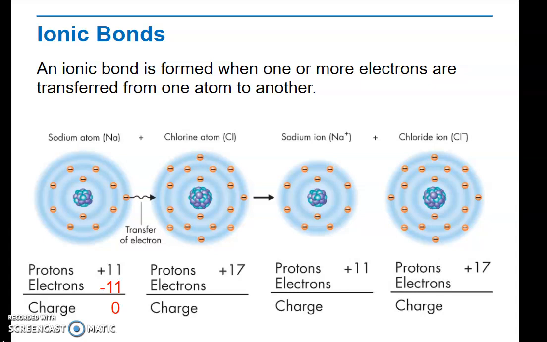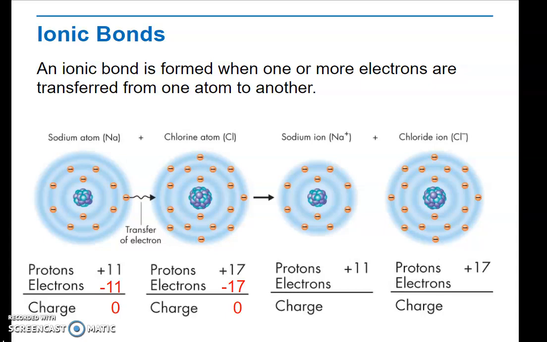Now let's look at chlorine. How many electrons does chlorine have? 17. So what is its overall charge? 0. Now you can see that a sodium atom easily loses its one electron, and chlorine easily picks up this electron. So this will change the number of electrons in each atom.